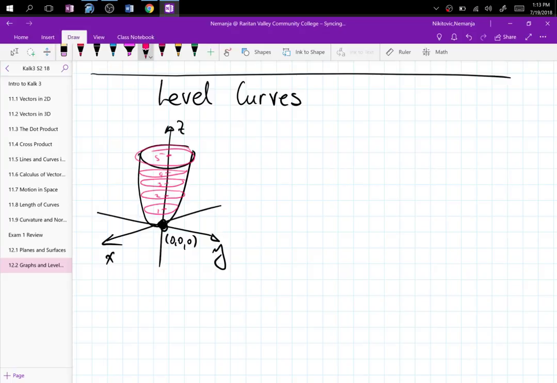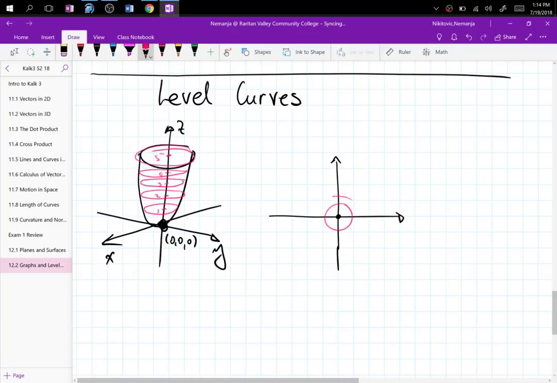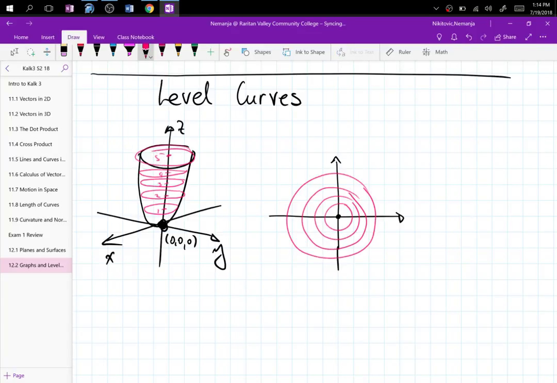What you do is you squish those functions onto the domain. And if I draw the domain, now we are looking at this top view. What I'm going to have in this case is this one. Then I have this one, and then this one, and then this one. See that? So that would correspond to these.